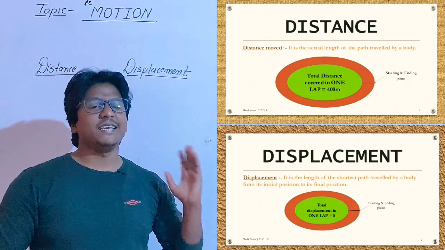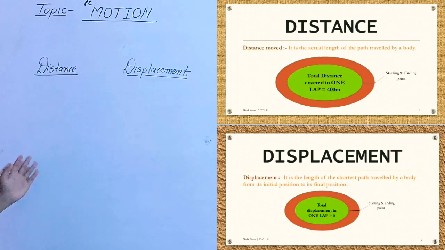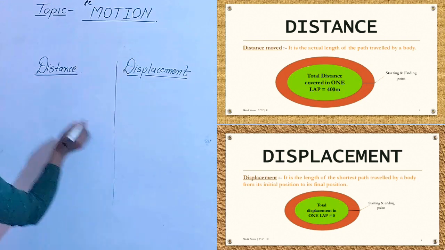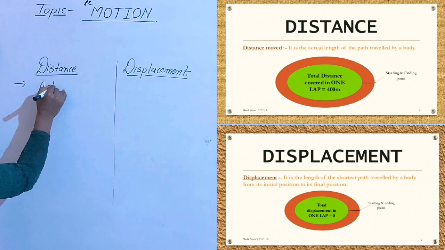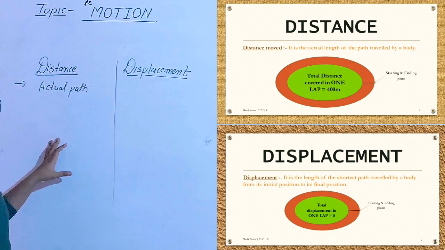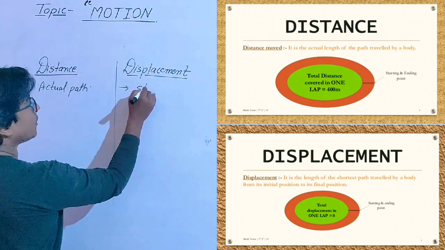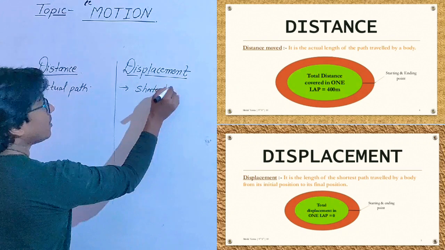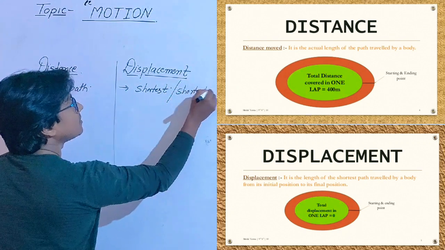Let's discuss these 2 points as a comparative view. So first thing, distance is the actual path of the motion, but the displacement is the shortest path or shortest distance.